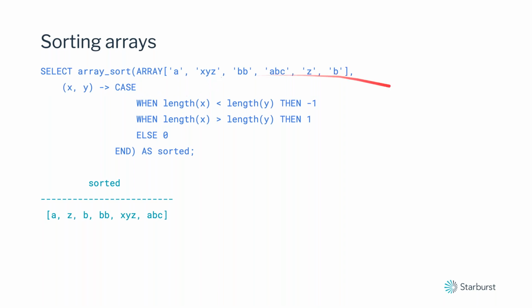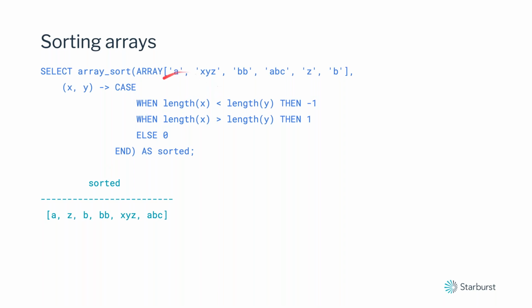The lambda function is supposed to return -1 if x is less than y, 1 if it's greater, or 0 if they're equal. We use the case expression that we saw previously: if the length of x is less than the length of y, then it's -1. If the length is greater, we return 1. Otherwise, we return 0.